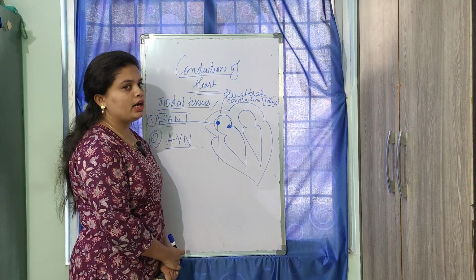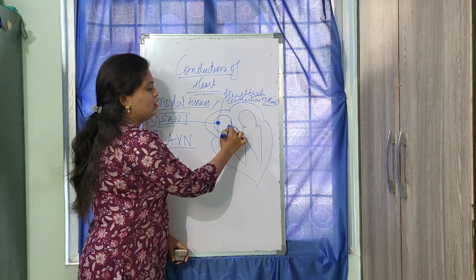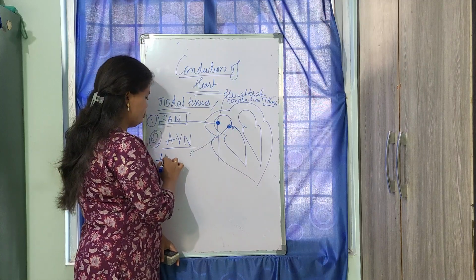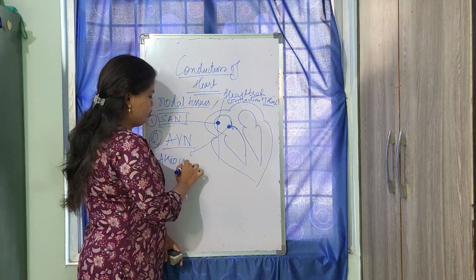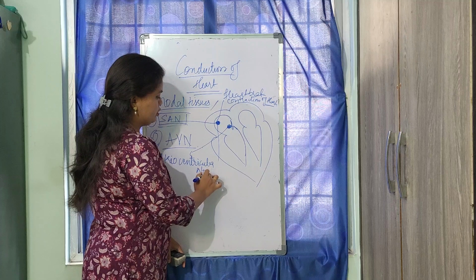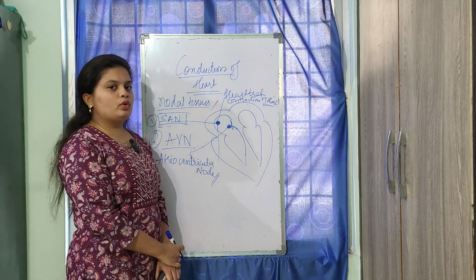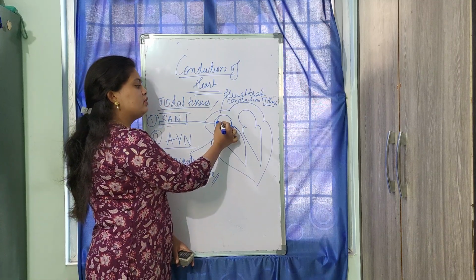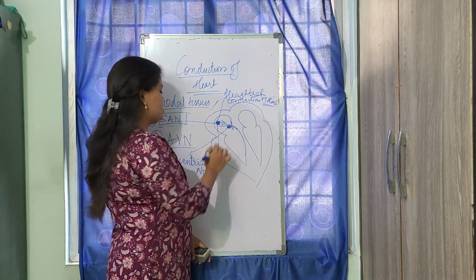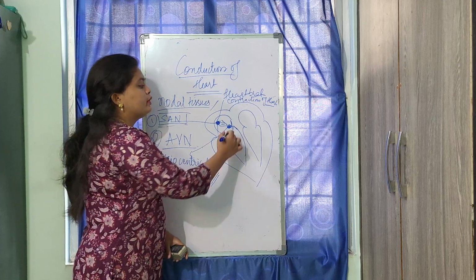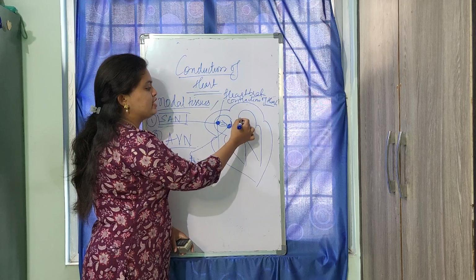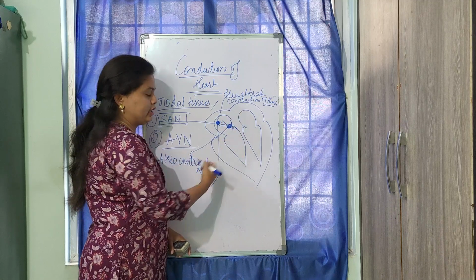It is called the AVN, atrioventricular node. This AV node receives the nerve impulse from the SAN, and it will make sure that the atrium receives this nerve impulse and it will contract.